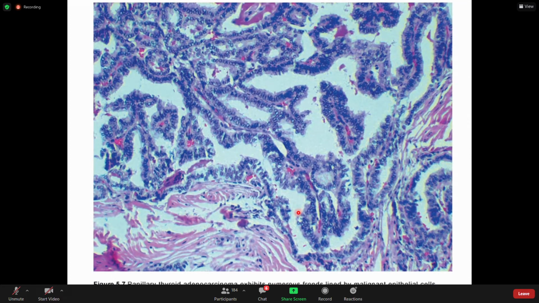In this case, it is surrounded from all sides by malignant cells. How would you recognize these malignant cells? You look at those nuclei, and you will see that they have some kind of inclusions that make the nuclei look empty. This is what you see with papillary thyroid adenocarcinoma.